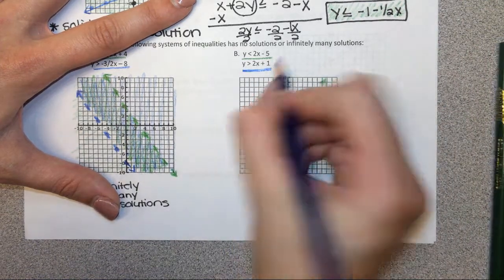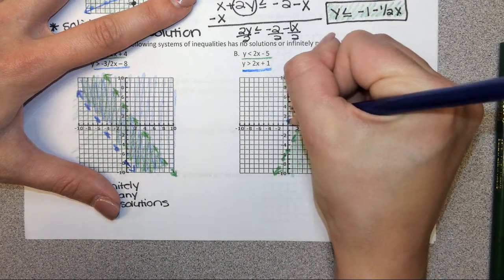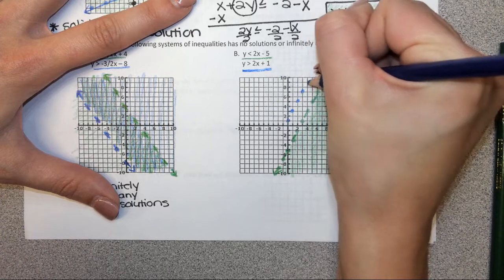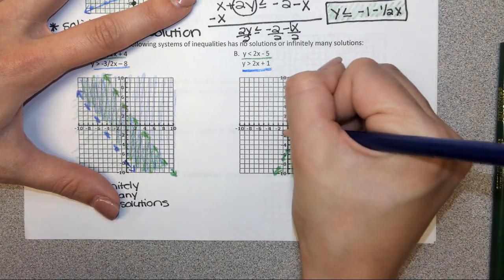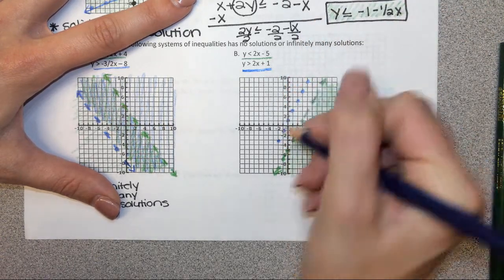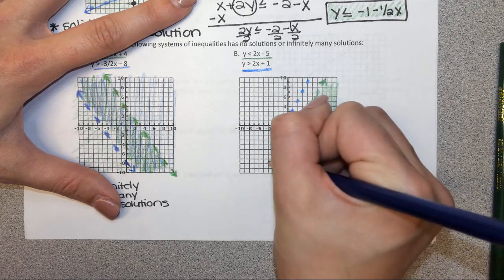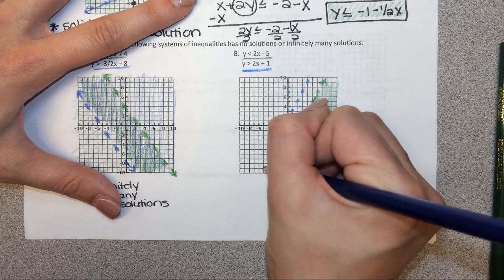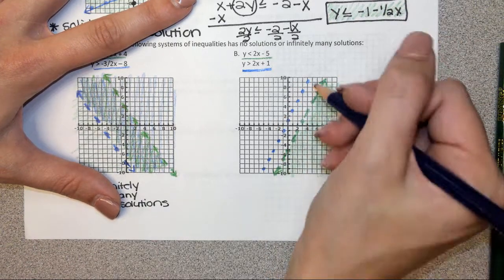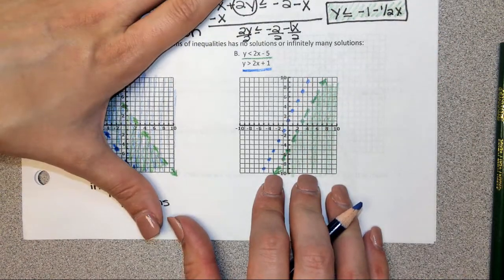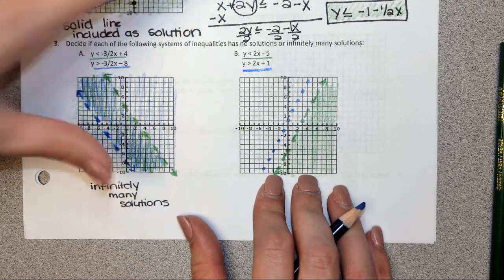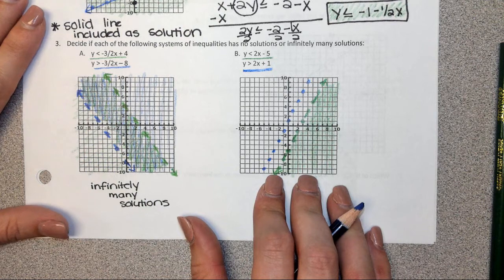This one I started at positive 1, up 2 over 1. Again, these two lines are parallel. So when we're talking just about systems of equations and they're parallel, it's always no solution, right? But because these are inequalities and we have to choose a direction to shade, sometimes there will be solutions, as we saw in that first example.